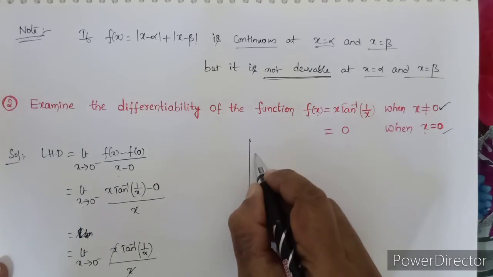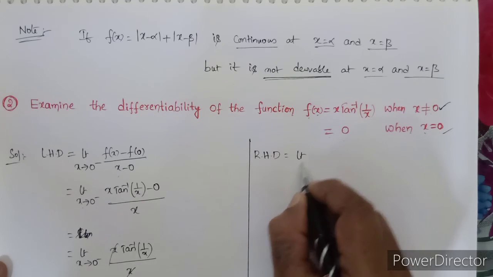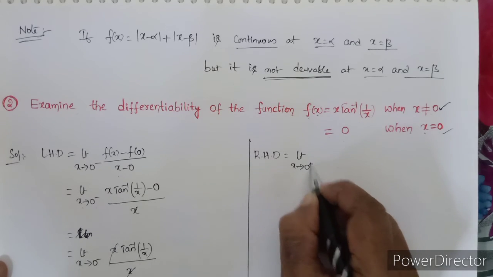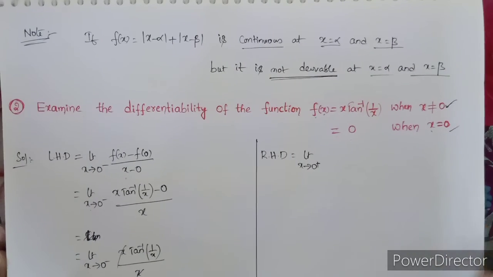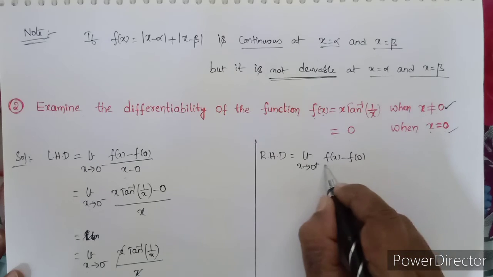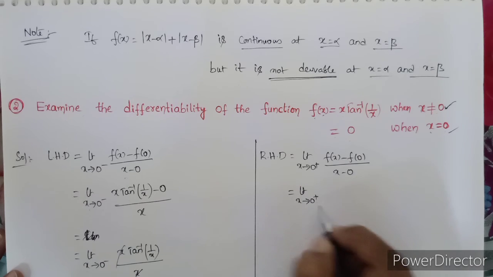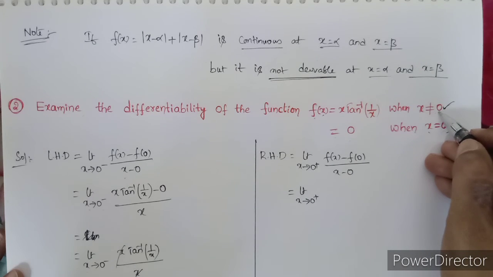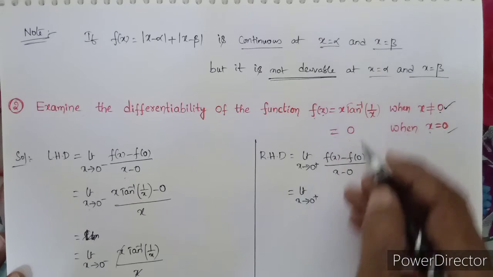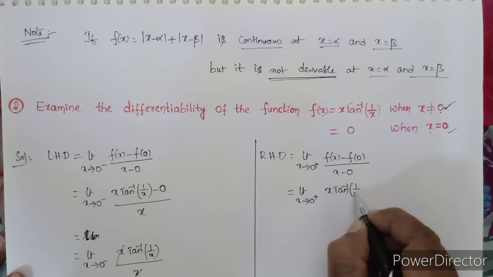Now right-handed derivative of f at 0. Limit x tends to 0 plus, f of x minus f of 0 by x minus 0. When x is in the positive neighborhood of 0, that means not equal to 0, we write f of x as x into tan inverse of 1 by x.